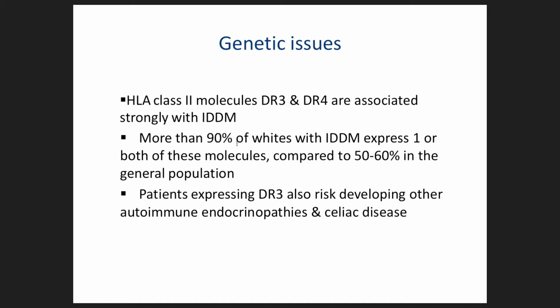But see, the risk is 90%, not 100%. Why 90%? Because there is still a 10% environmental triggering factor. That's why type 1 is not pure genetic, it is polygenic or multifactorial.